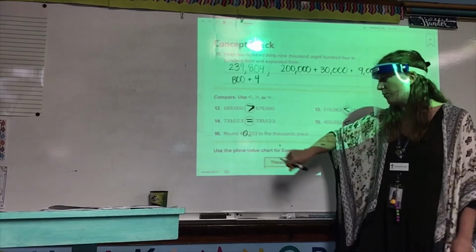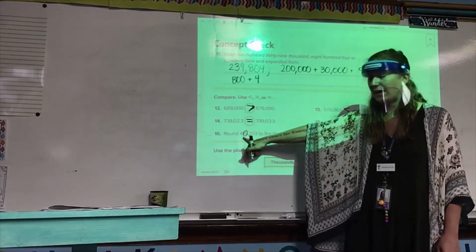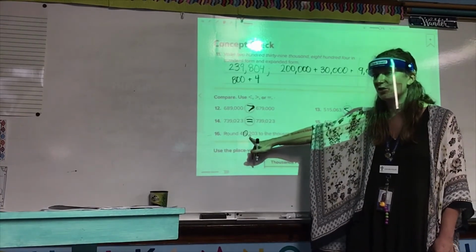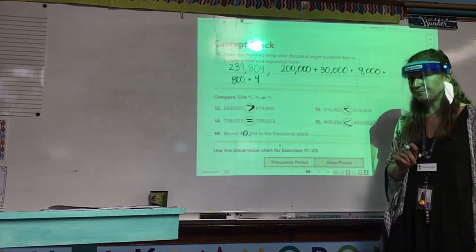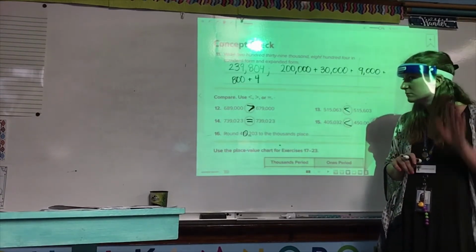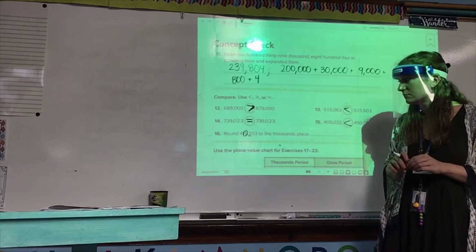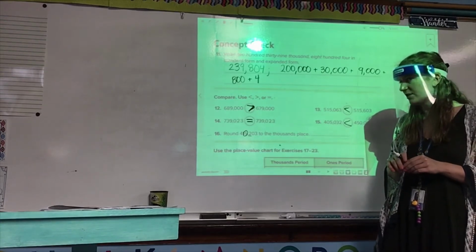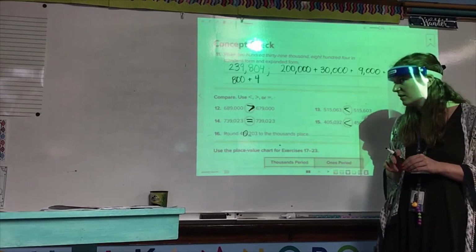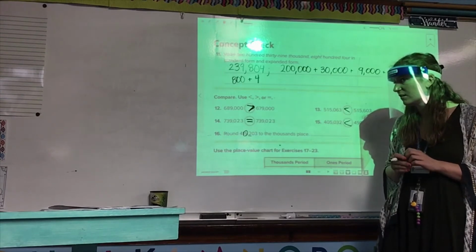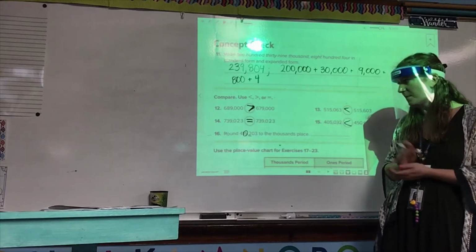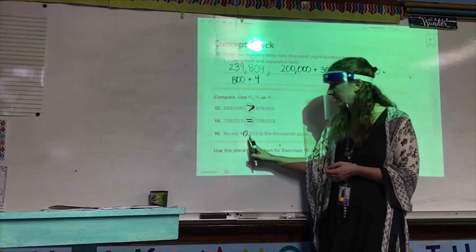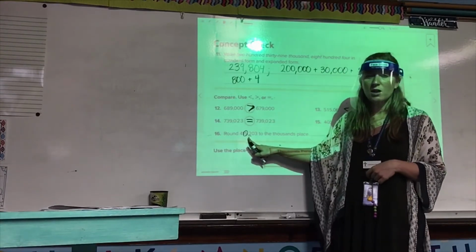Okay, now what is step 3, Kingston? So we've done step 1, circle the digit in the place to be rounded, and step 2, underline the digit to the right. What is step 3? Check if the underlined digit is 5 or more, or 4 or less.